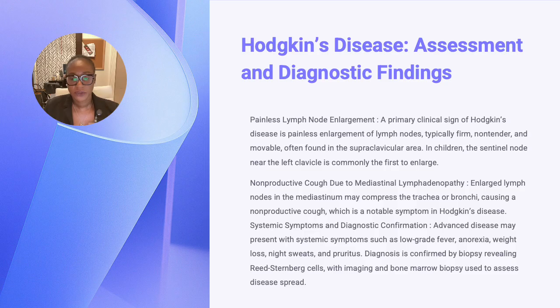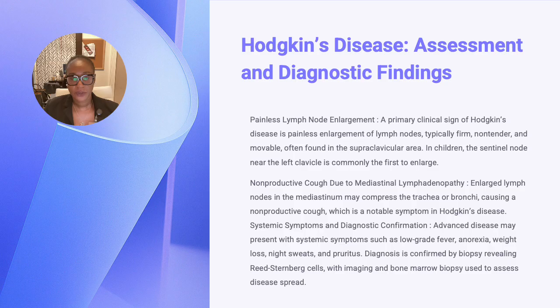Non-productive cough due to mediastinal lymphadenopathy: enlarged lymph nodes in the mediastinum may compress the trachea or the bronchi, causing a non-productive cough, which is a notable symptom in Hodgkin's disease.